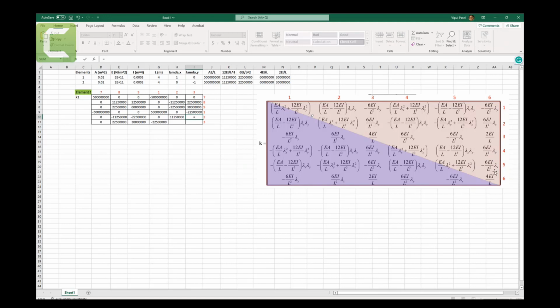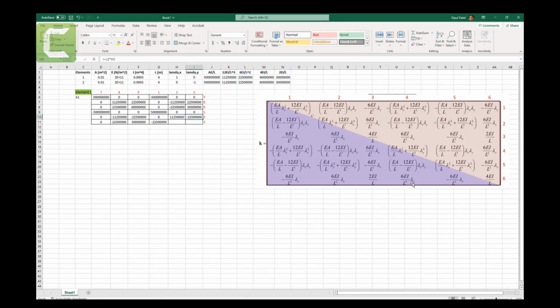And that would be this one, 6 EI on L squared minus 6 EI on L square times lambda x times lambda x. So what we have done here, that would be lambda y, and that's not the minus.